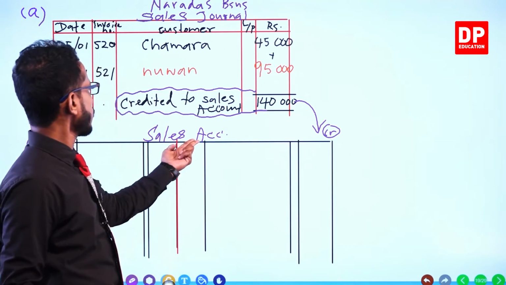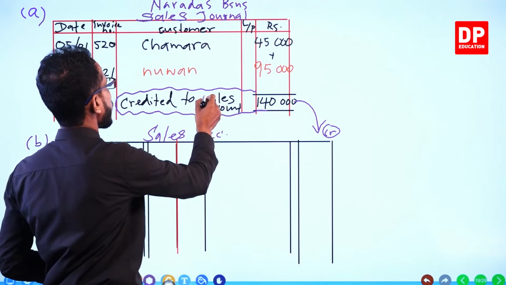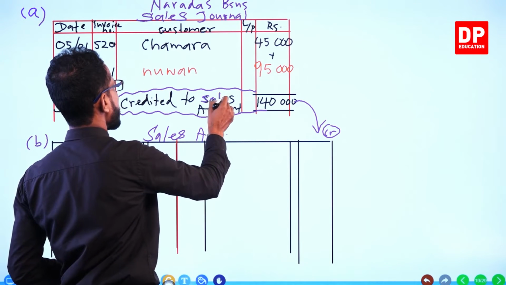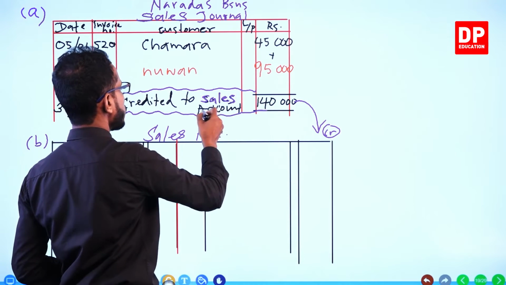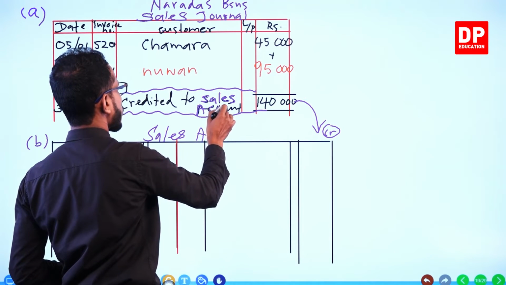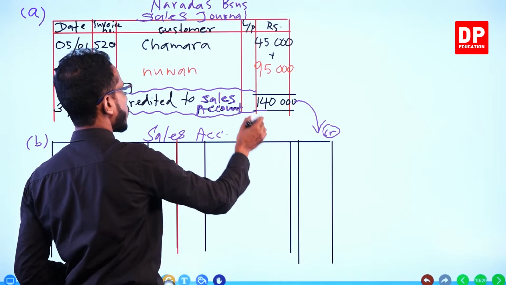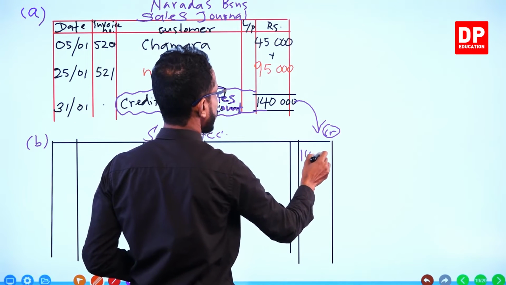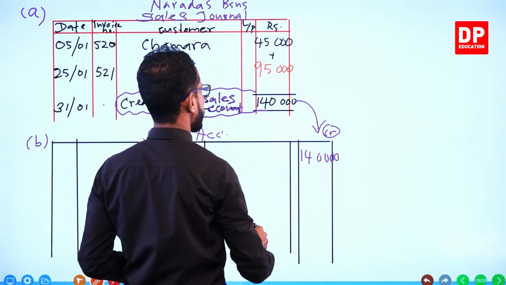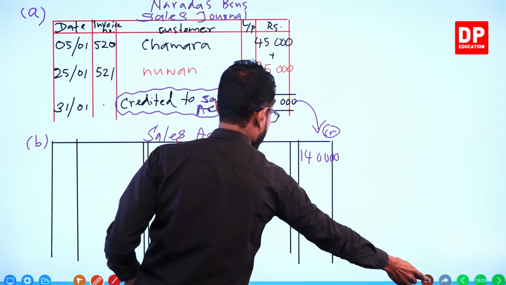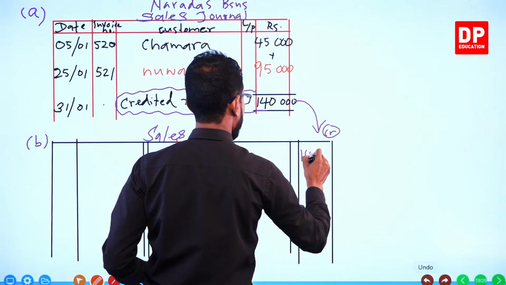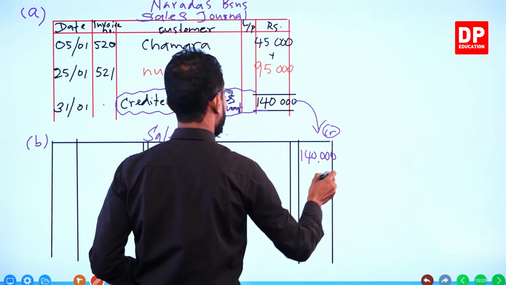You have the sales account here. So take this to the sales account. 140,000. 140,000.